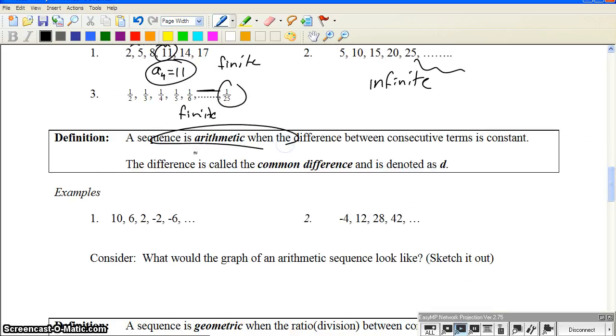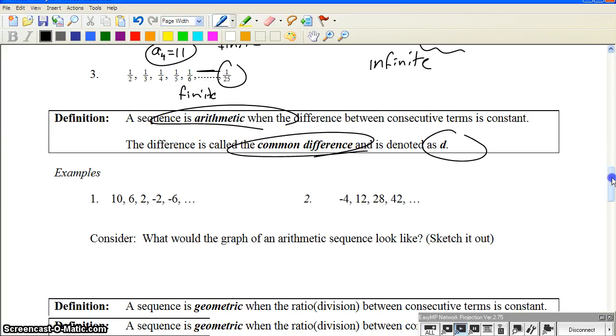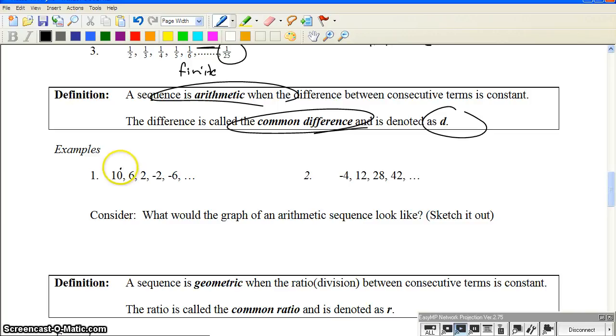We talked about, you saw a video talking about an arithmetic sequence, which means there's a constant value that each term changes by. That constant value is called the common difference, or we refer to it as d, being the common difference. Okay. For instance, in number 1, what's the common difference between it? 10 to 6 is minus 4.